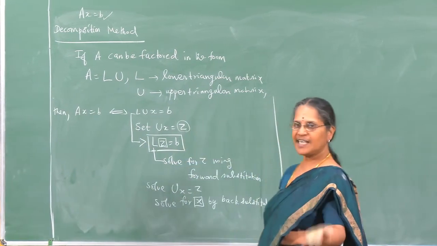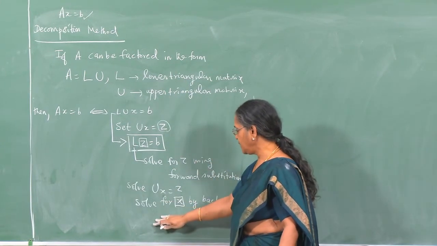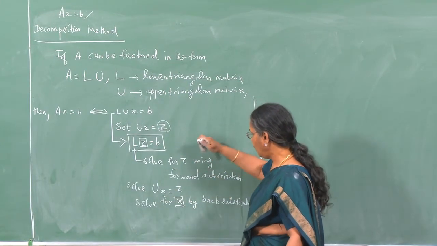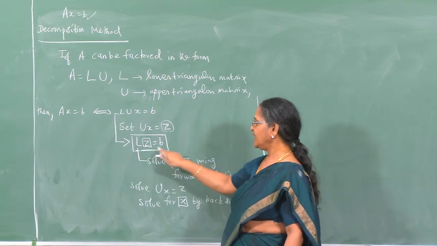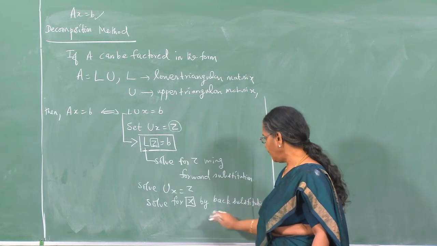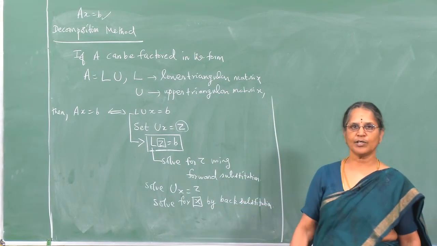If that is done, then the solution of the system can immediately be obtained by first doing forward substitution and obtaining Z from the system Lz = B, and then using backward substitution method and solving the system Ux = Z.